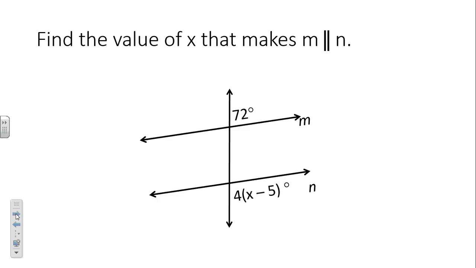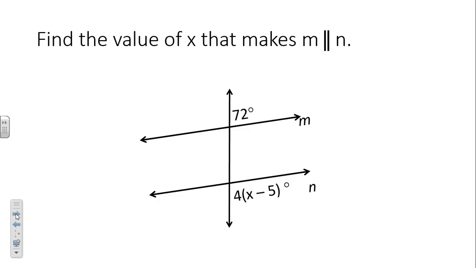And in your bottom right, I want you to put 4 parentheses x minus 5, close parentheses. That new symbol, the double lines, means parallel. So we want to figure out what value of x will make those lines be parallel. That's our goal. So what value of x makes those lines parallel?